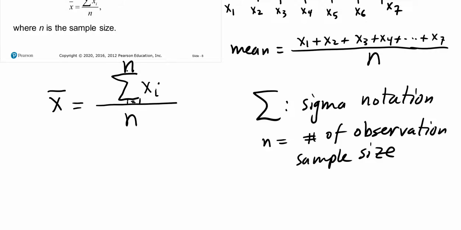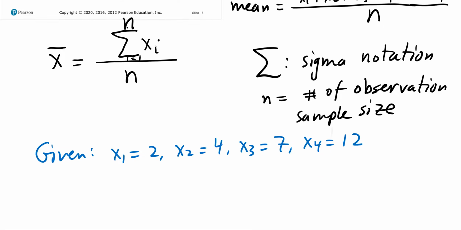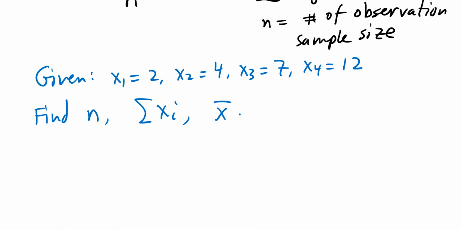So again, given x1 is 2, x2 is 4, x3 is 7, x4 is 12, find n, the sum of xi, and x bar, the mean. N is how many numbers we have. They give us 4 of them. That's n.